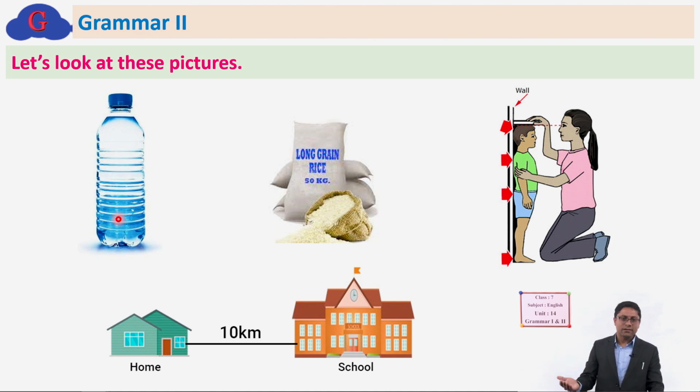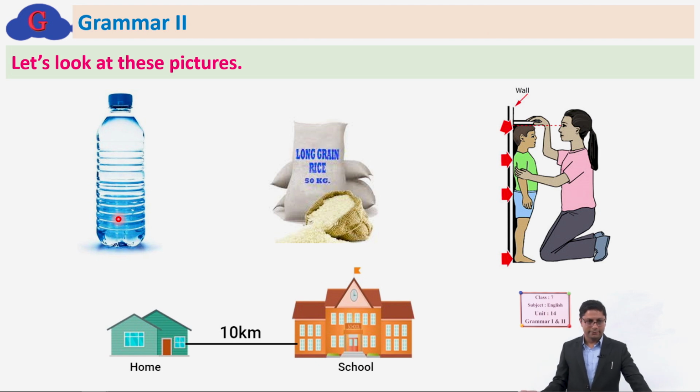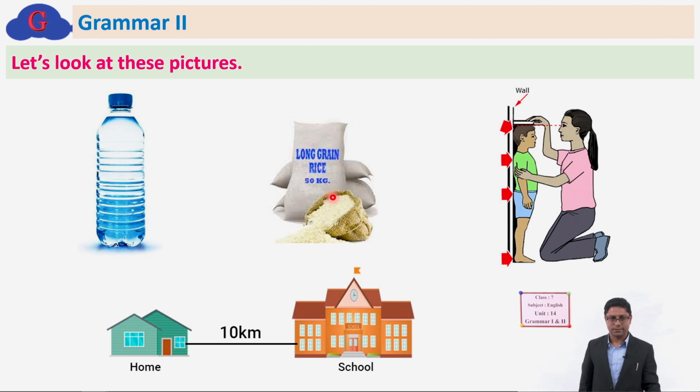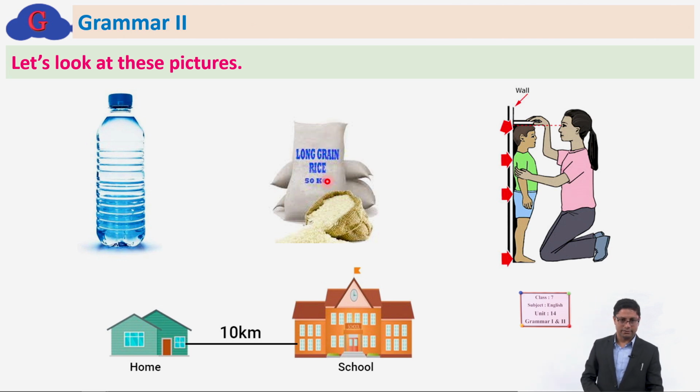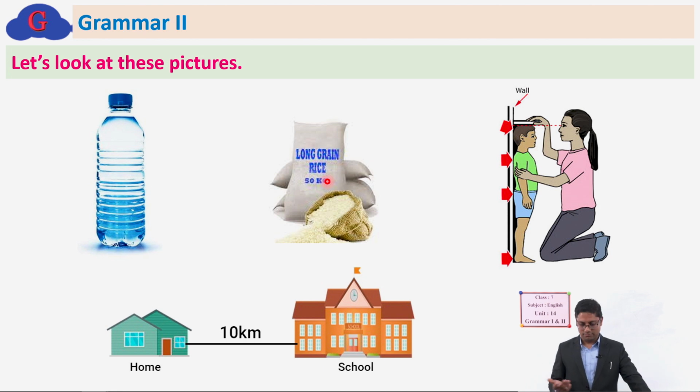Alright, 1 liter. That's good. Look at the next picture. What do you see there? It's rice. So how much does this sack of rice weigh? Okay, 50 kg. All right.